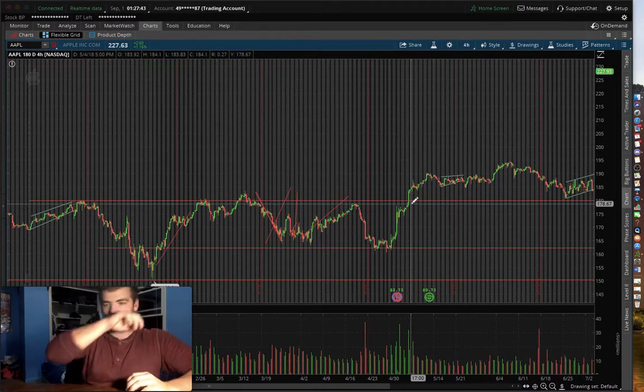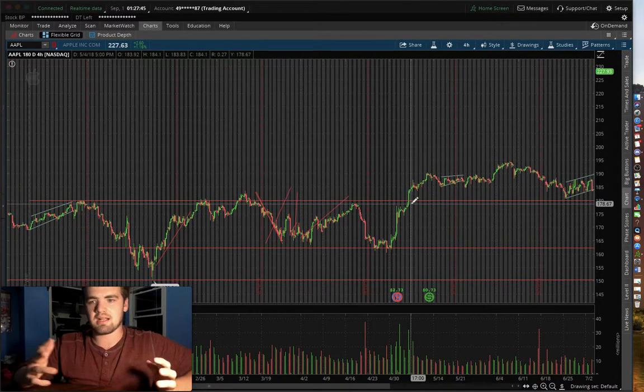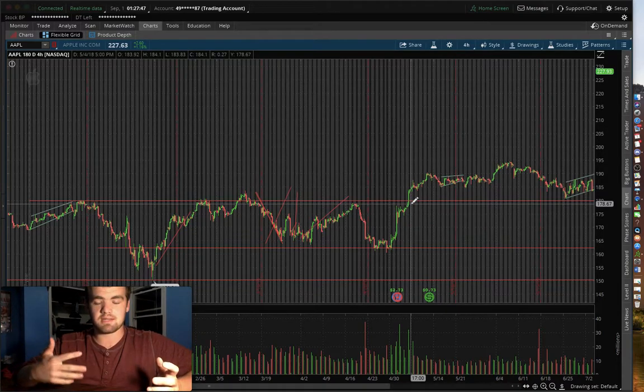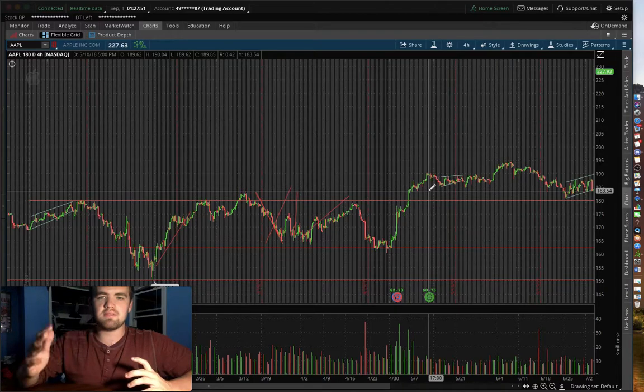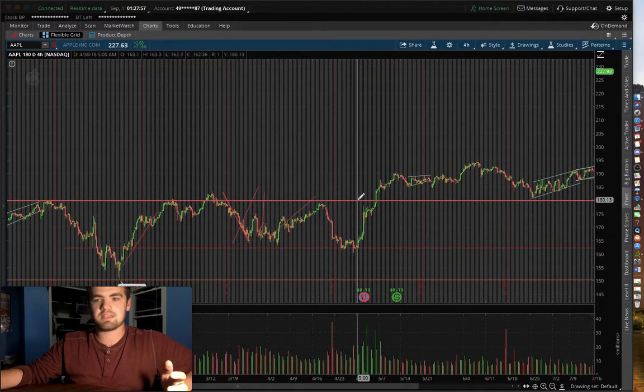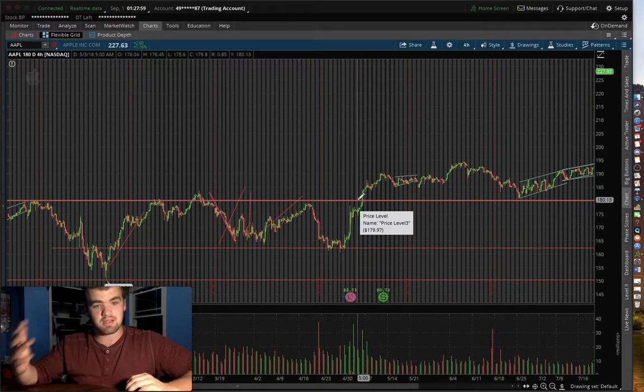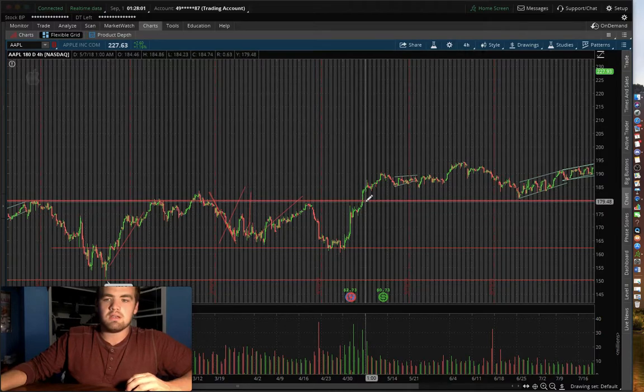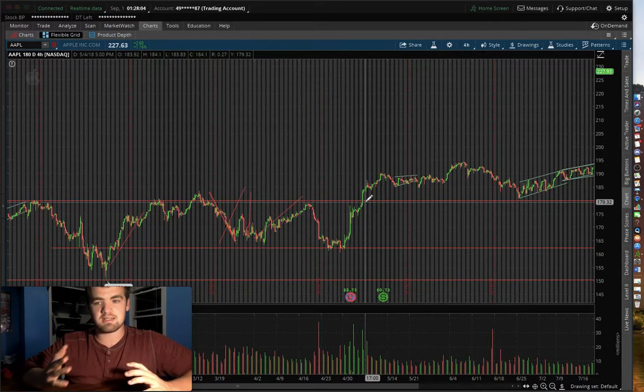And here's another strategy that you guys should understand with support and resistance. Many times the previous resistance turns into the new support, and the reason why is because that's where buyers now tend to enter the stock. So this is a textbook example.